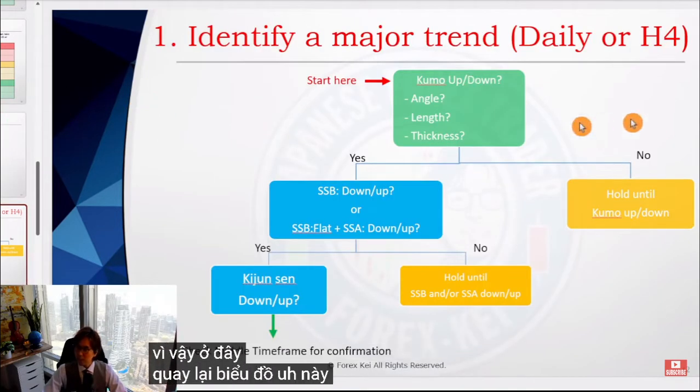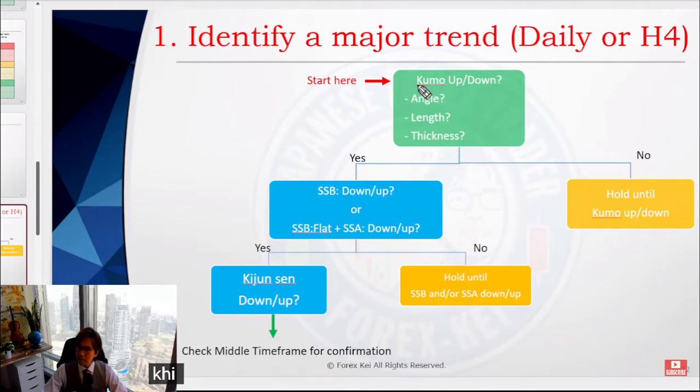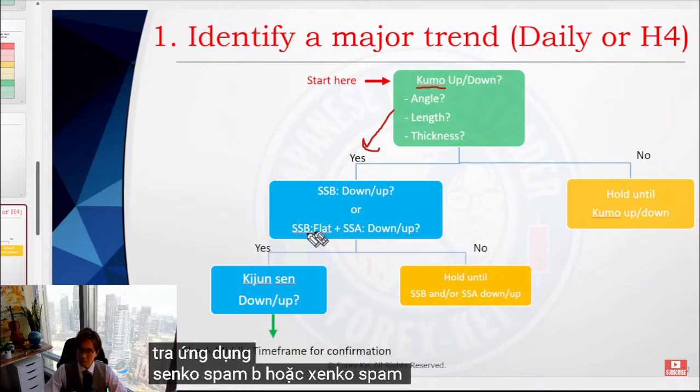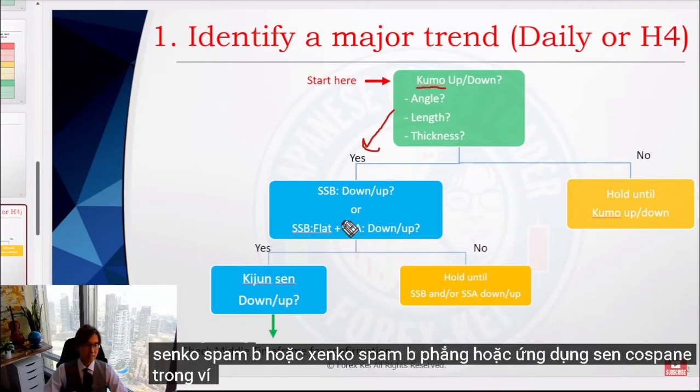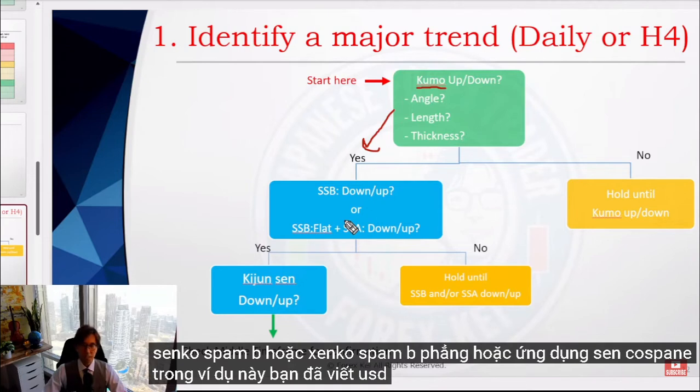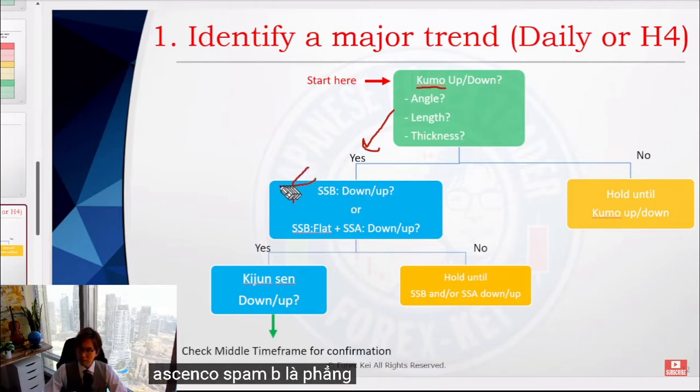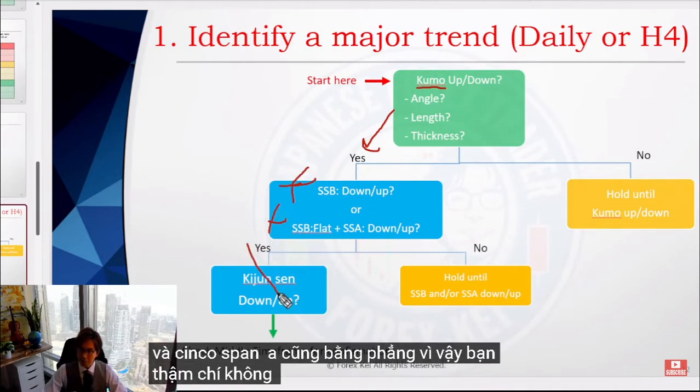Coming back to this chart, once you look at the Kumo, then you check whether Senkou span B is up, or Senkou span B is flat, or Senkou span A is up. In that example, Euro USD, Senkou span B was flat, and Senkou span A was also flat. So you don't even go to Kijun-sen to take a look.